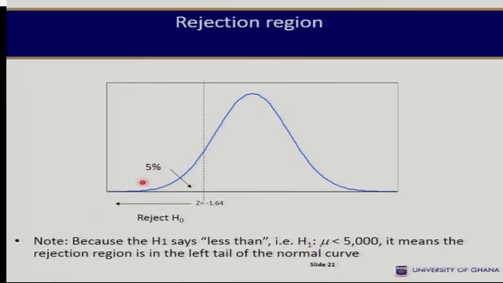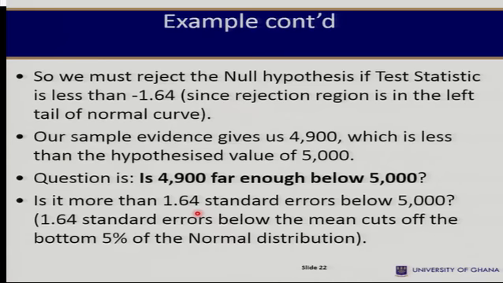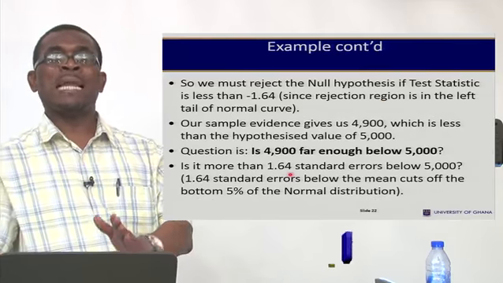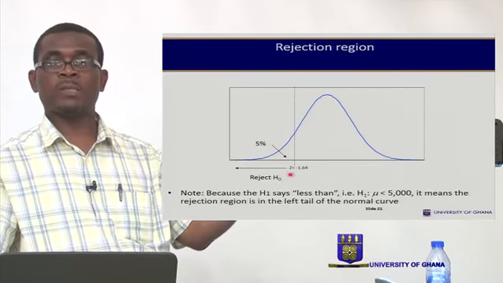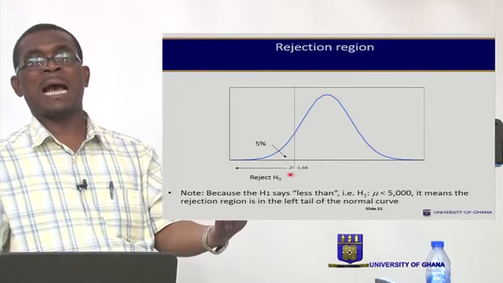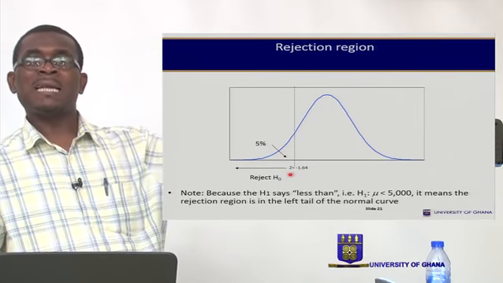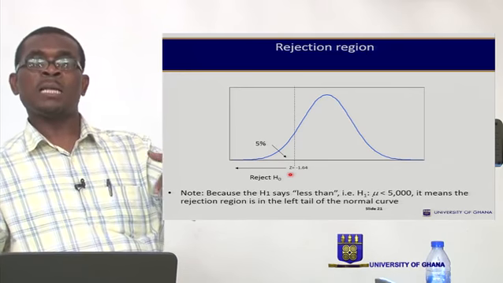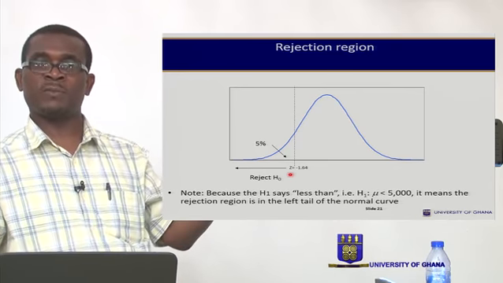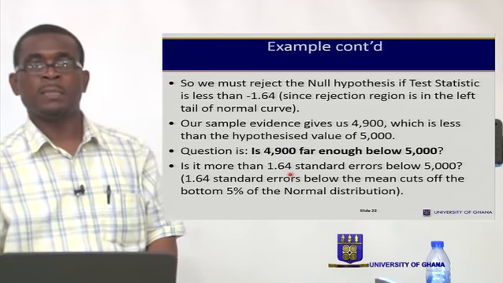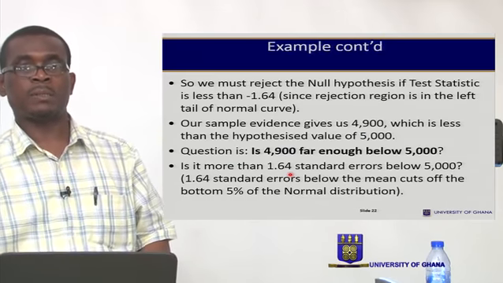The area to the left of minus 1.64 is 0.05. So the rejection region is to the left of minus 1.64. If we calculate our test statistic and it is less than minus 1.64, we have to reject the null hypothesis.